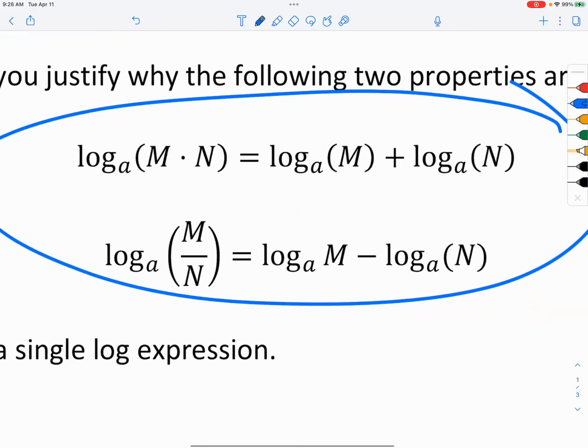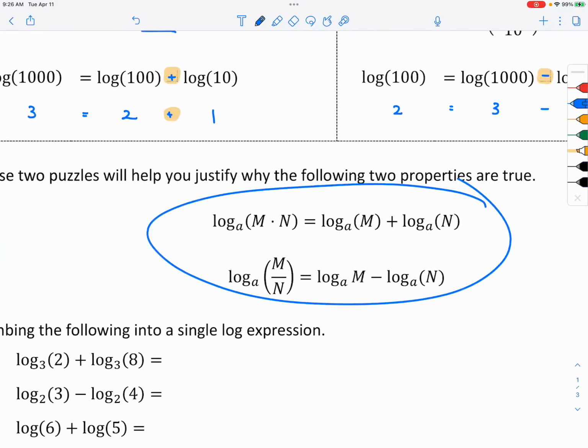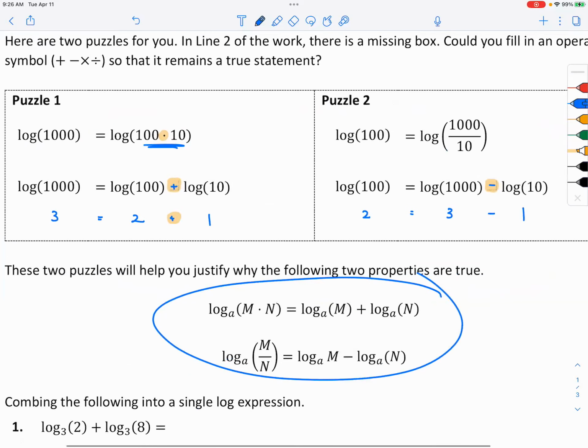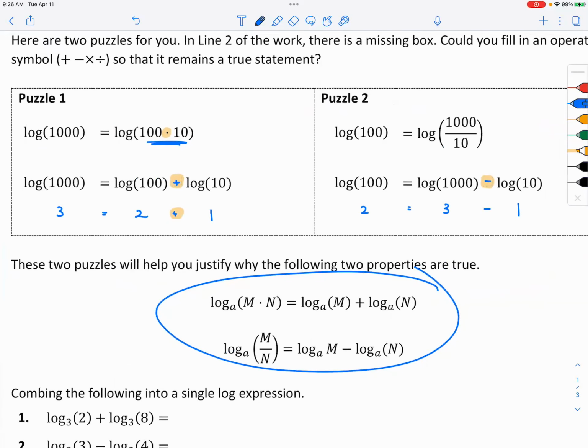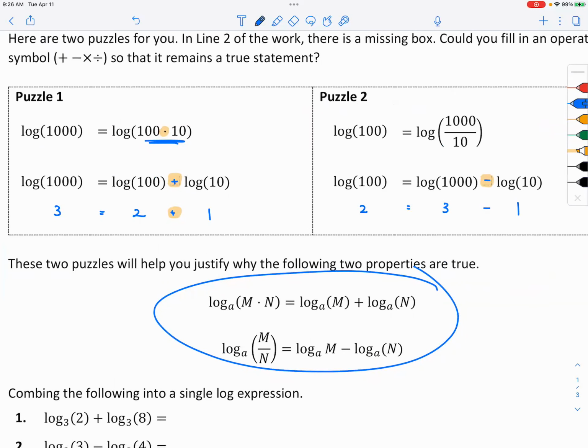Did I know why these properties are true? I had no idea. And because of that reason, there were lots of misconceptions on these log properties. And so when I was growing up, I was like, no, there must be some kind of justification. And this is how I learned to use simple numbers, like these simple numbers, to validate these properties.